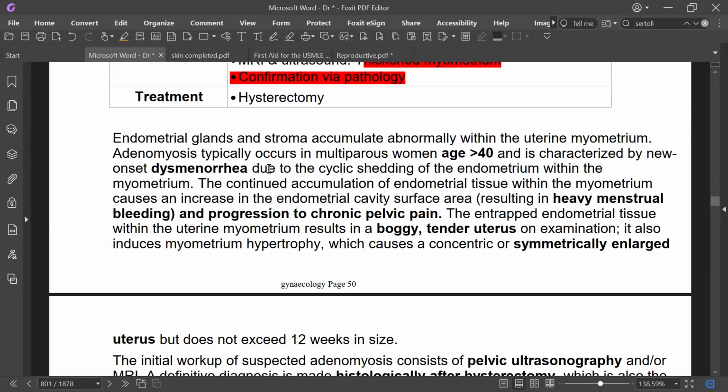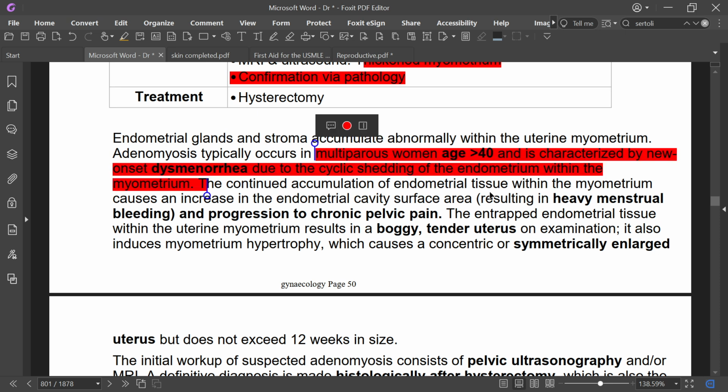So adenomyosis is characterized by age more than 40, multiparous woman coming with new onset dysmenorrhea and heavy menstrual bleeding, progressing to chronic pelvic pain, with a boggy, tender uterus on examination.